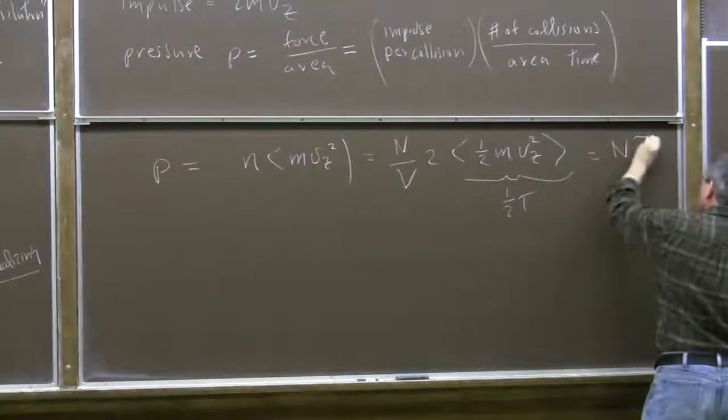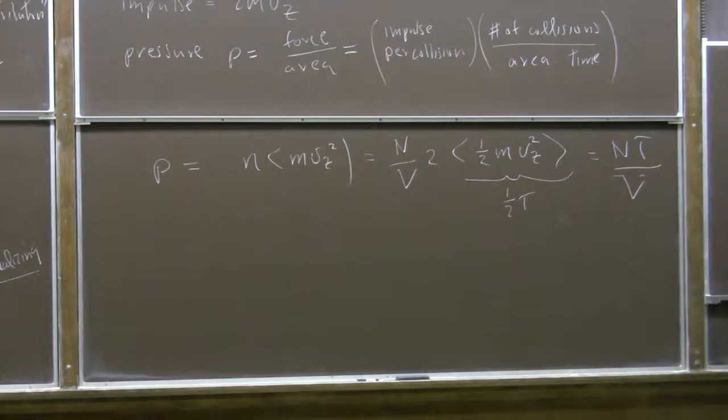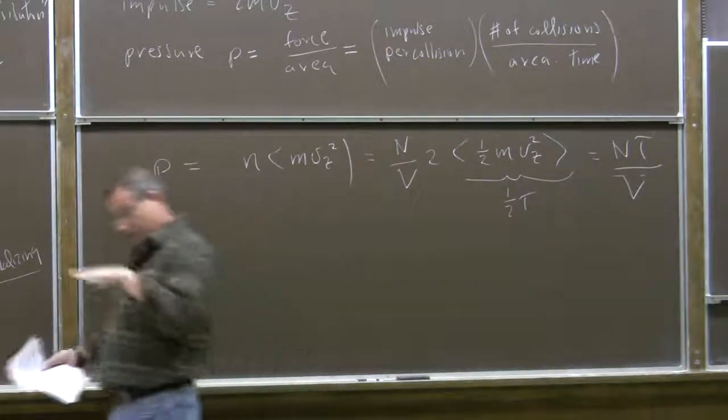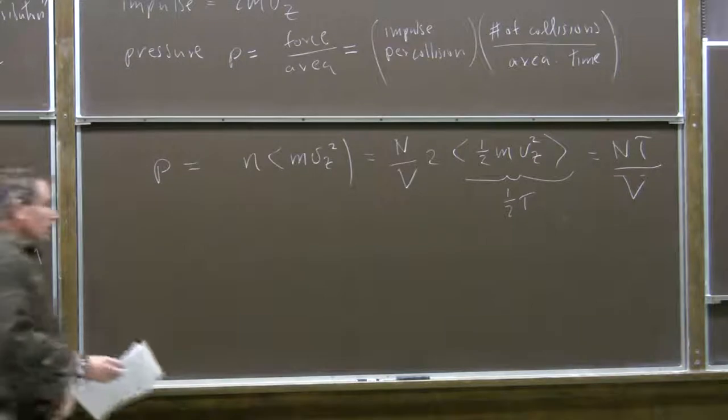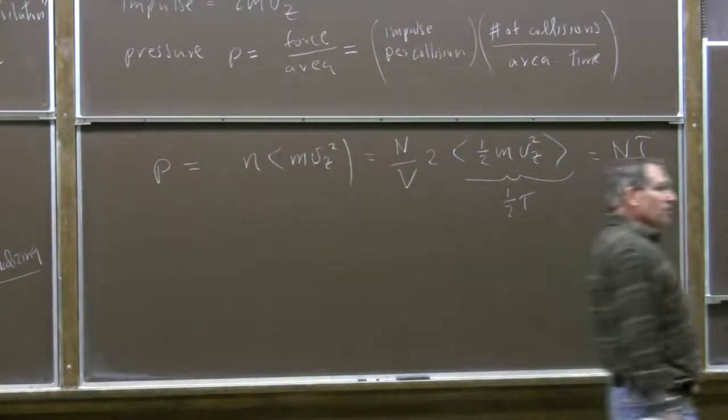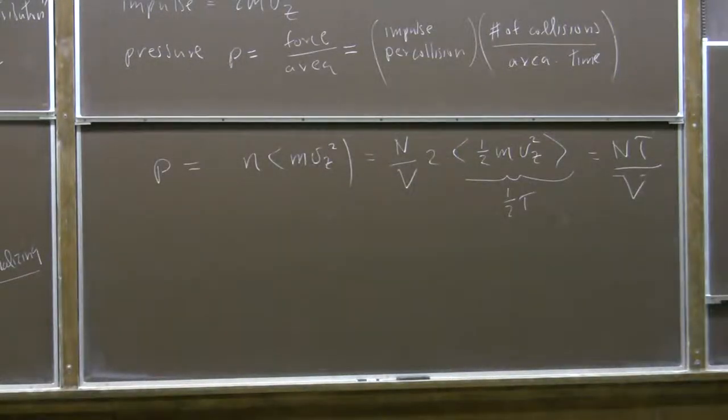So this is nτ over V. That's the ideal gas law as interpreted from a microscopic point of view in kinetic theory, arising from molecular collisions. What we'd like to do is understand the departures from ideal behavior, which we haven't talked about very much in this course, coming from the fact that the molecules actually do collide with one another and the gas is not ideal.